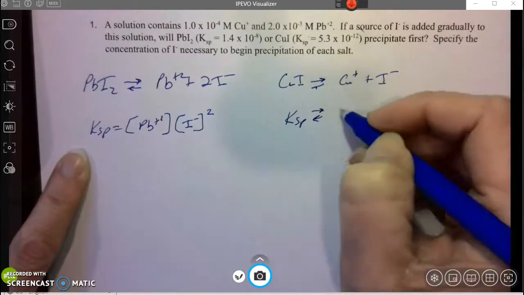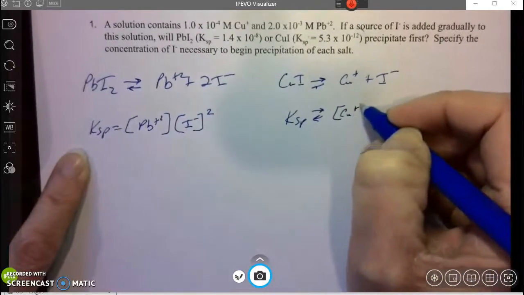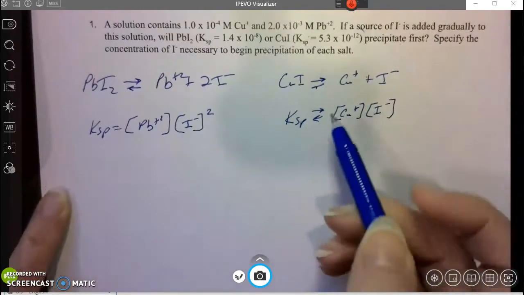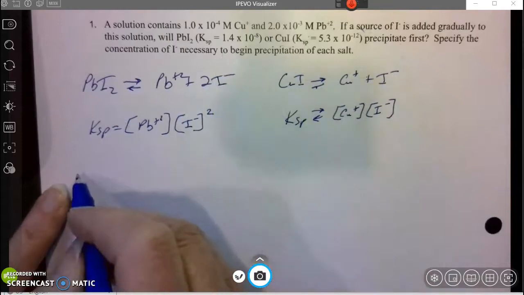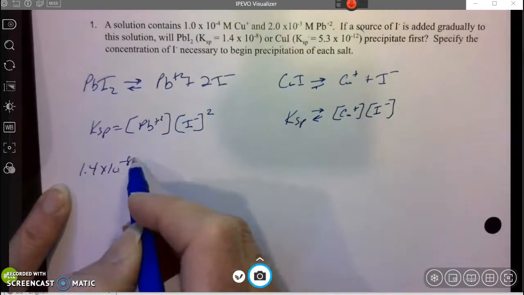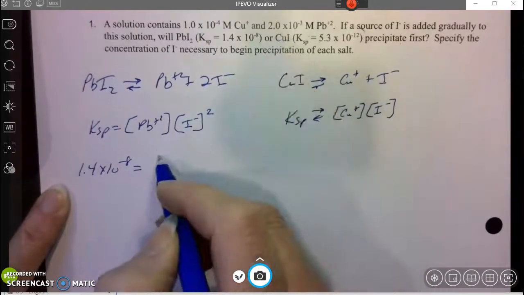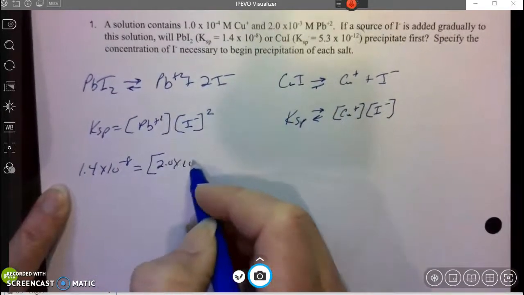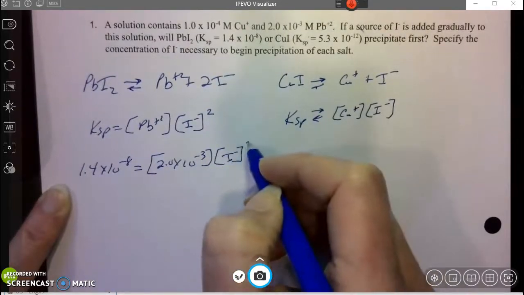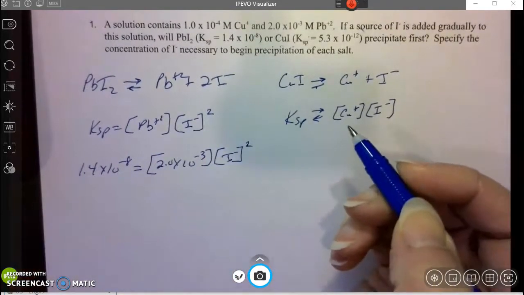So this one I gave you a lot of space, but we really aren't going to use all of it on this one. So for lead, I have a Ksp of 1.4 times 10 to the negative 8th. I have a concentration of lead of 2.0 times 10 to the minus 3rd, and then I need the concentration of iodide squared.